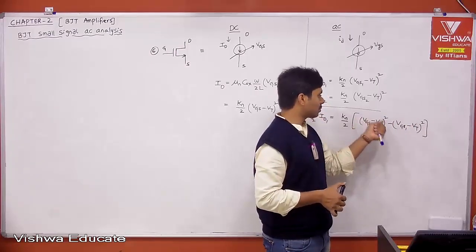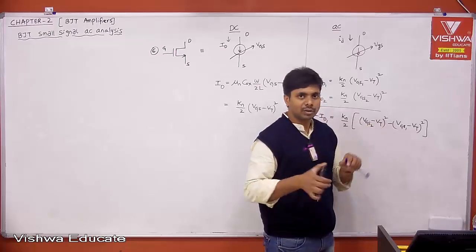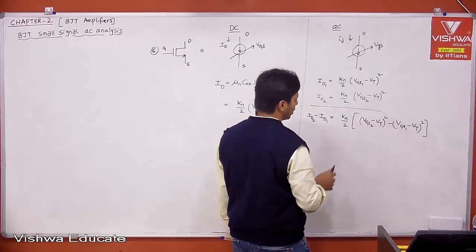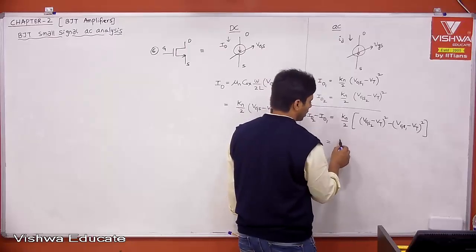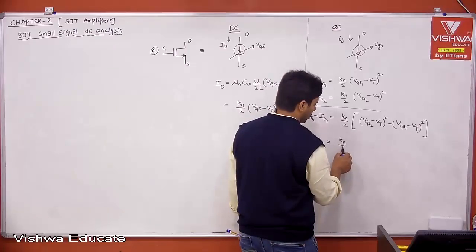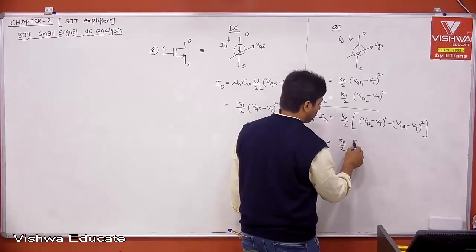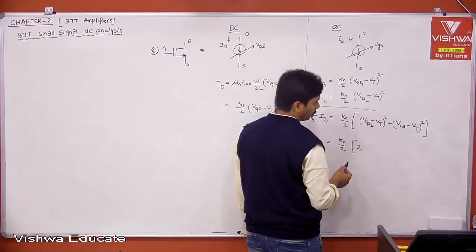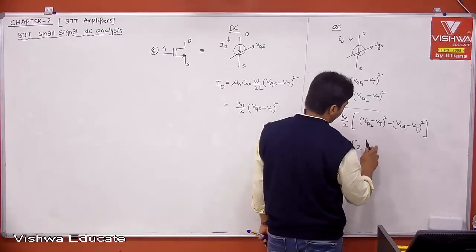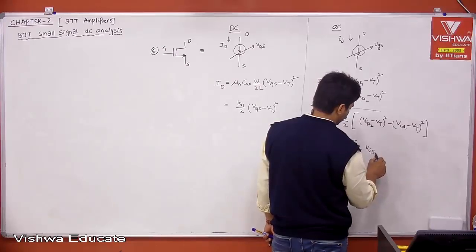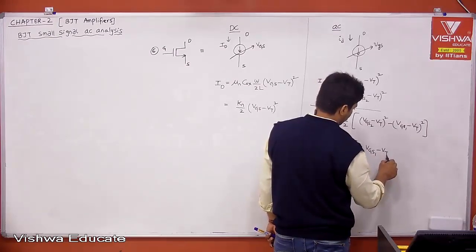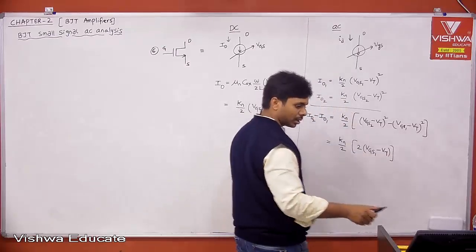You will get VGS2 whole square, VGS2 whole square is 2 something. If you do, after neglecting a few things, what do you get? You will get something like this. Maybe if you do this, this is nothing but Kn by 2. Then you will get approximately 2 into whatever you have, like this is what you will get.